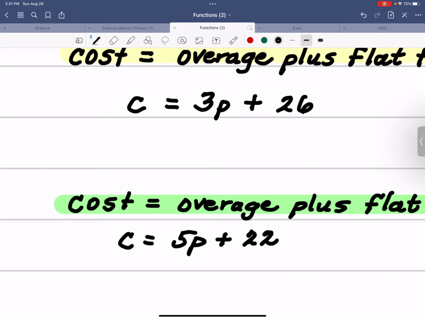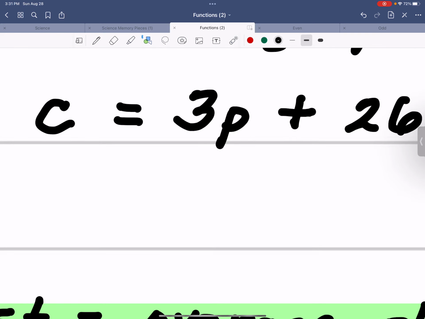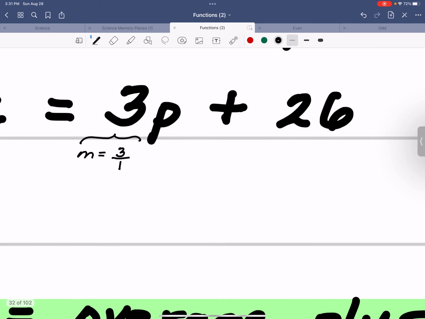They're in slope-intercept form. I know I have to graph in a second, so I'm going to put this in terms we can understand. There's slope. Well, slope is 3/1, and then the y-intercept is at 0, 26.